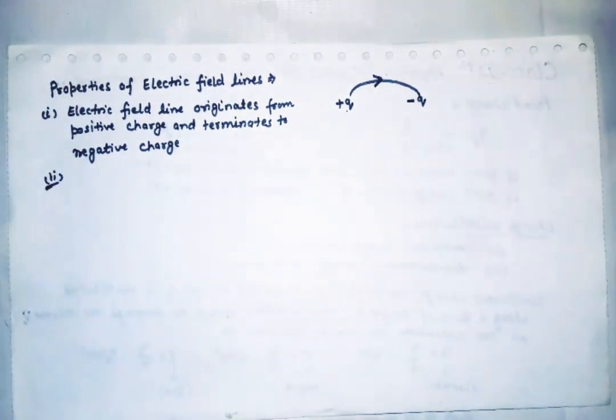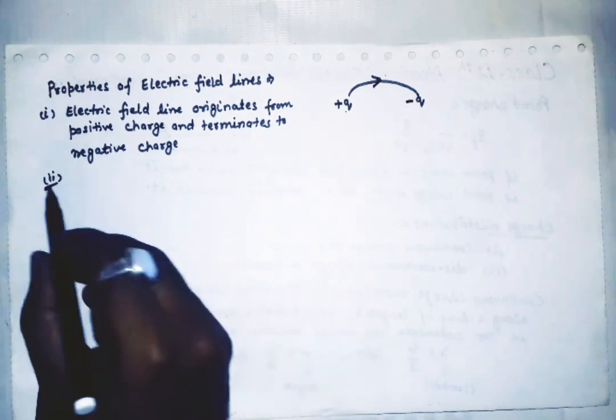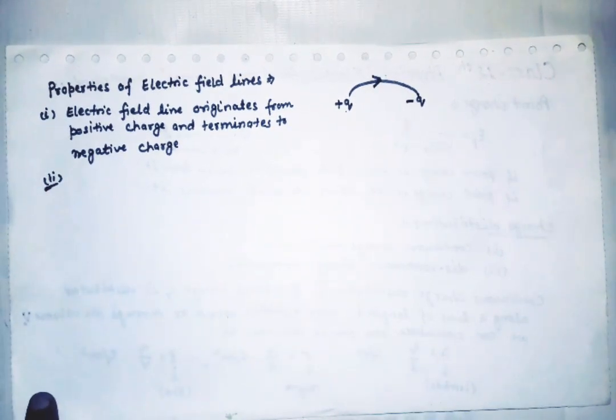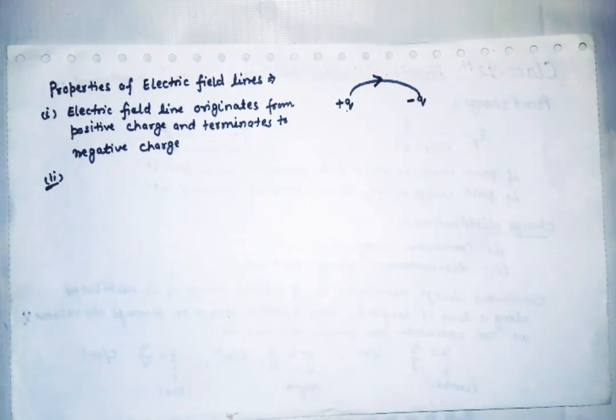Second point is that the number of electric field lines depends on the magnitude of charge. If there is more magnitude of charge, the number of field lines is more.